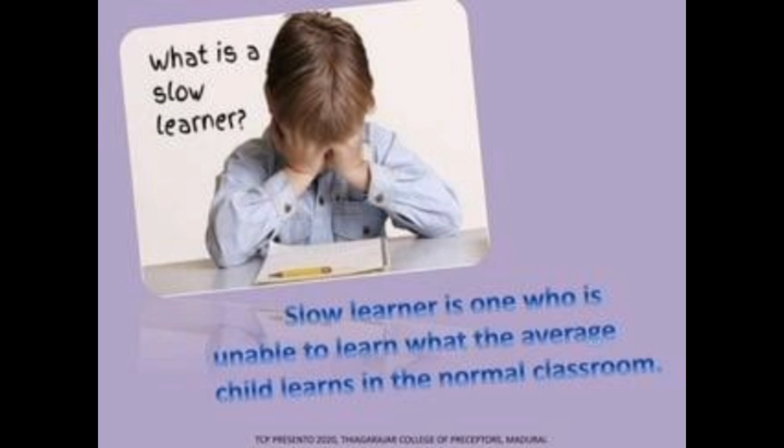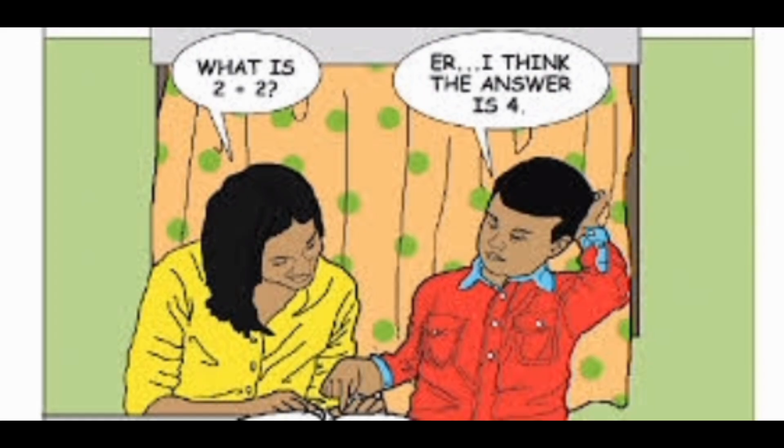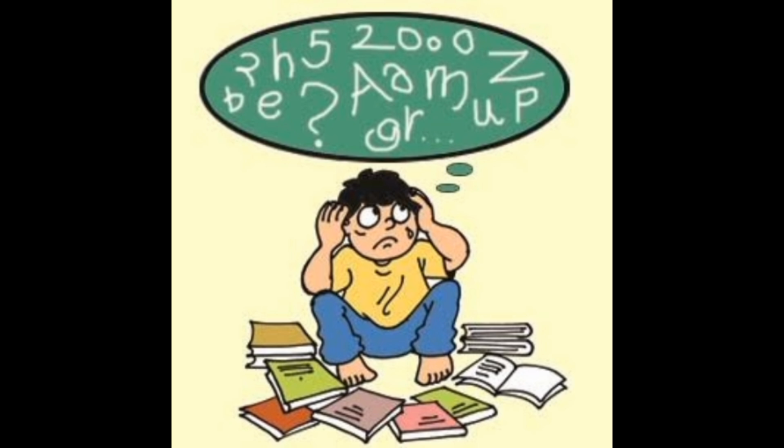And of course, this could pose a challenge to the parents, to the teachers, and even the learner himself. The slow learner, aside from the challenge of being slow to learn, may also be suffering from inferiority complex and low self-esteem.